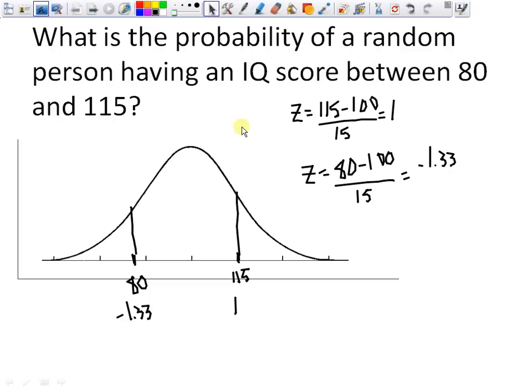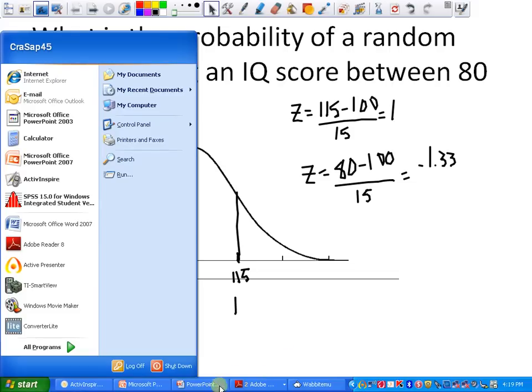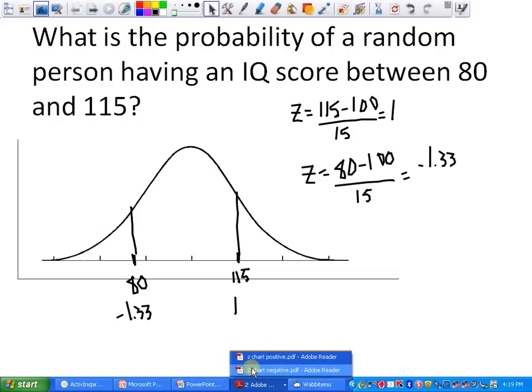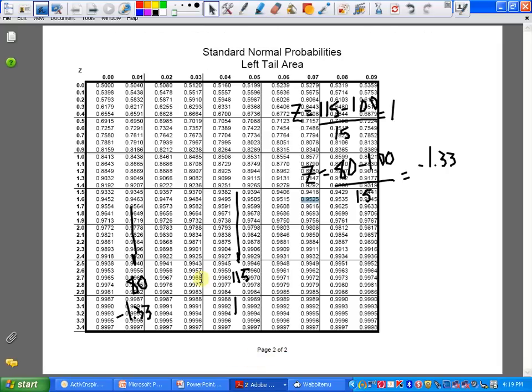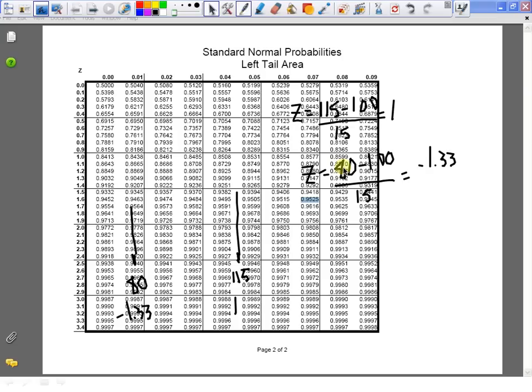So let's take a look at the chart first. I'll need to use both of the z charts at one point. So let me do the positive first. 1 is 0.8413. So I'll go ahead and write that here.